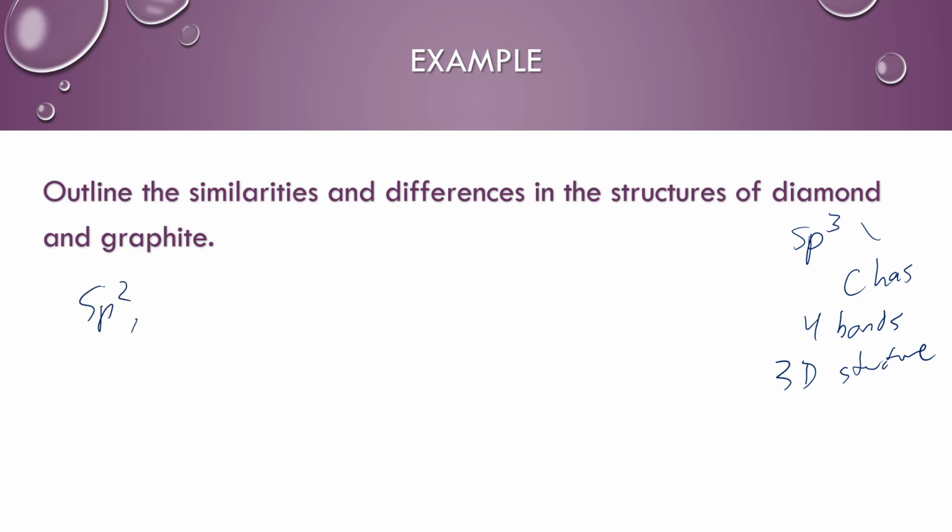And so you make these layers of carbon with 3 bonds to other carbons, and that makes them really good electrical conductors. And those layers can slide off as you go. Each of the layers is attracted by intermolecular forces only.